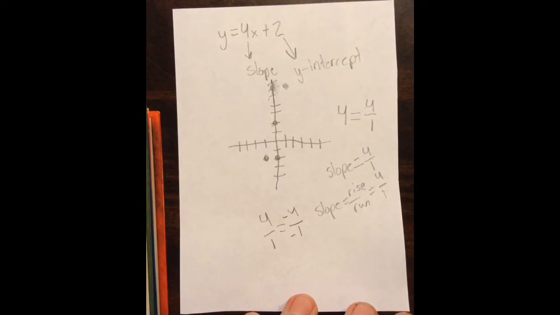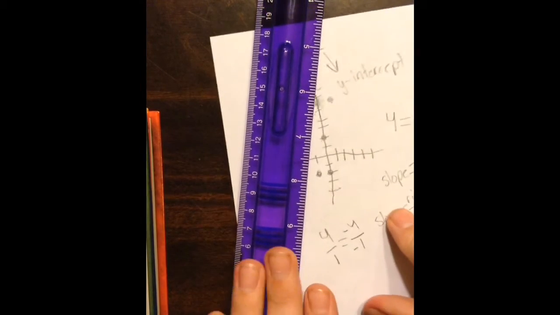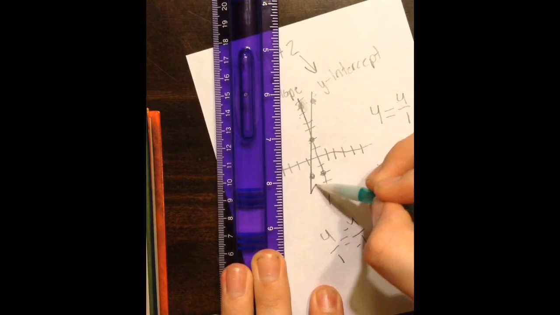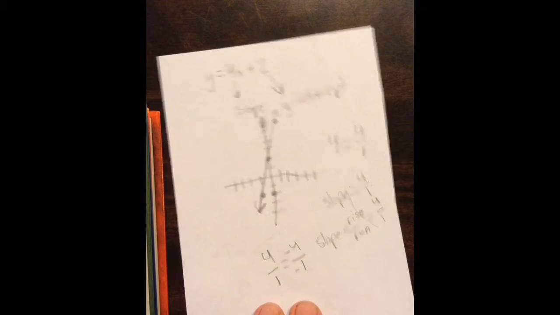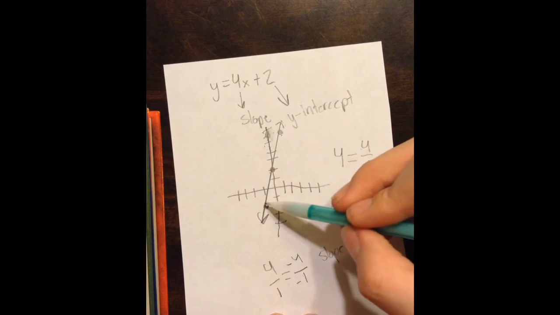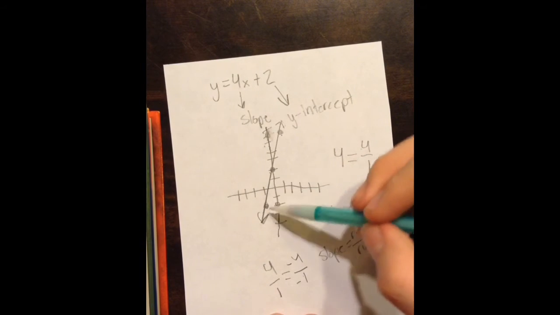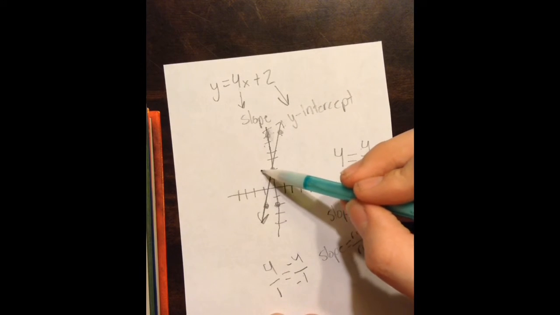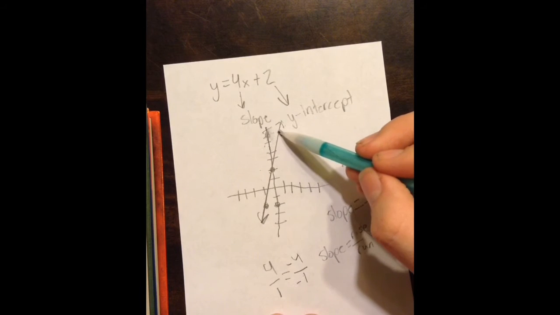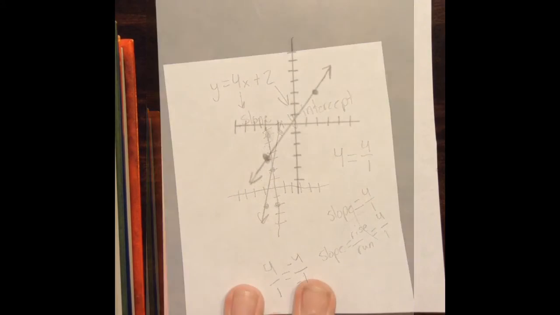So now we know that our line goes like that. And that is our line using the slope. We could go 1, 2, 3, 4 over 1, and the same way here, 1, 2, 3, 4 over 1. And that is how to graph a line from a slope-intercept form equation.